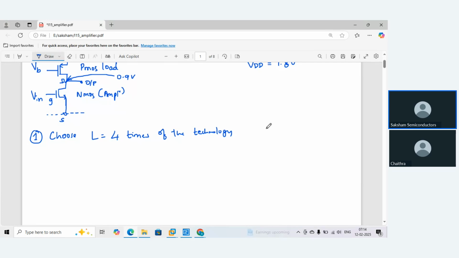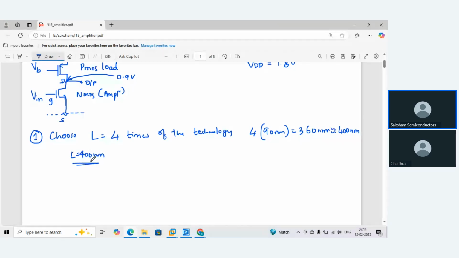I just want to have a larger value of L. My technology is 90 nanometer, so 4 times that would be approximately 360 nanometer. So I'm going to keep it as 400 nanometer. So my L, I'm going to choose as 400 nanometer.